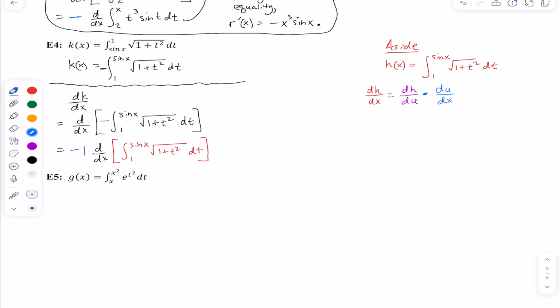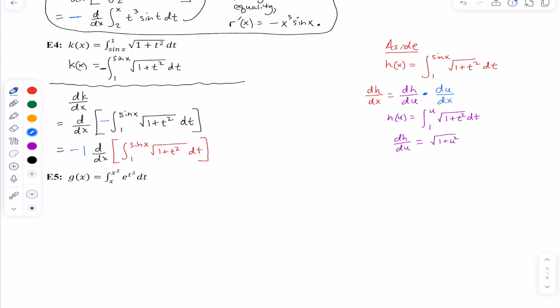Now, what is h of u? h of u is this u substitution. So the derivative of h with respect to u is simply going to be the square root of 1 plus u squared.